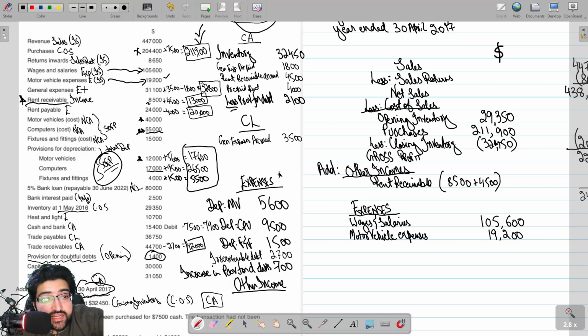Then we have general expenses, and this is the amount before adjustments, and this is the adjusted amount. So I have to use 32,800. So I'm writing the amount here, 32,800 for general expenses, and then show the working in brackets of what we did. ठीक है, as it is, यहीं से copy कर लो. 31,100 plus 3,500 and then minus 1,800.